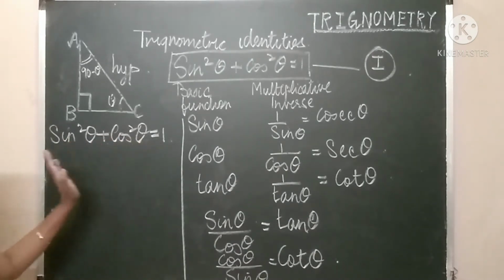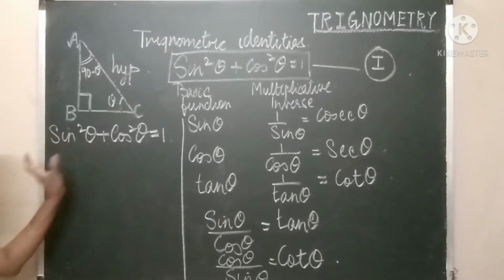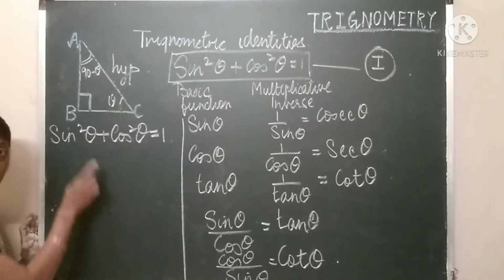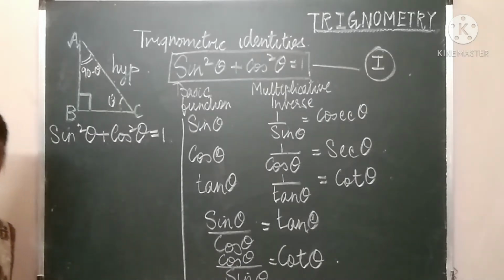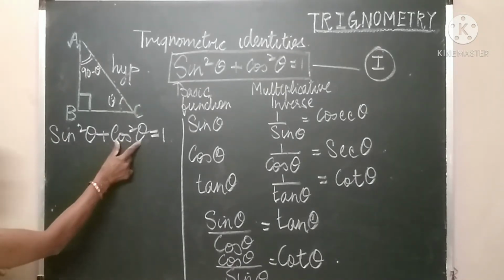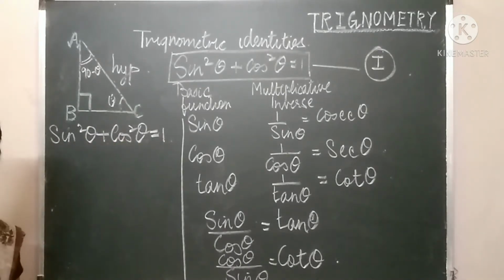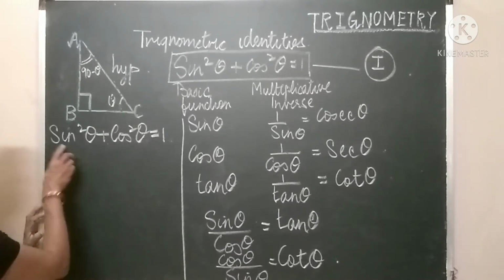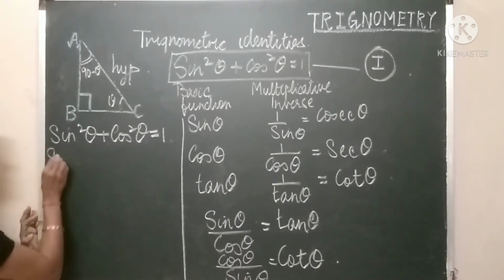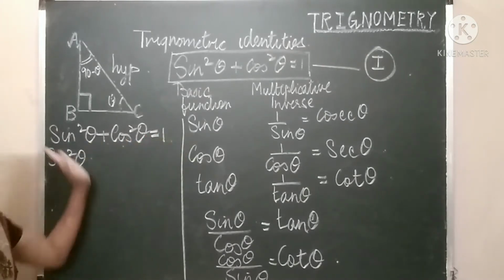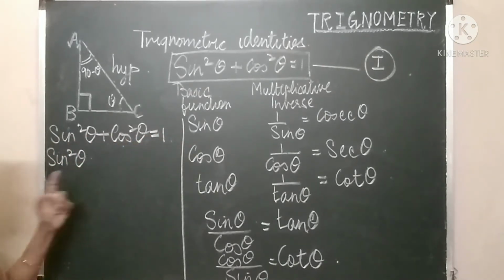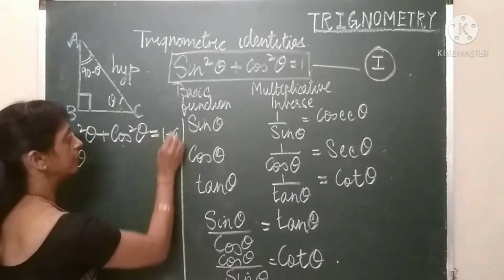Let's divide the whole equation once by sine square theta. For the third trigonometrical identity, let's divide the whole equation by cos square theta. So let's begin, children, dividing the whole equation by sine square theta, so each term in the equation is divided by sine square theta.